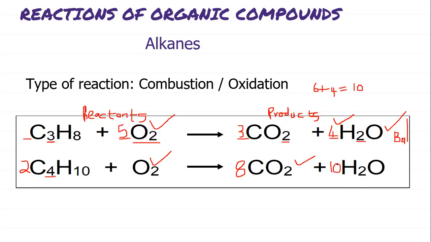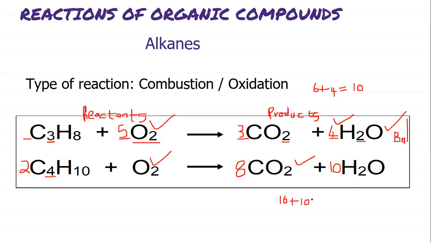Then I'm going to look at my oxygen molecules. On the left-hand side, I have 2 oxygen molecules. On the right-hand side, I have 8 multiplied by 2, which gives me 16. And then I have 10 multiplied by 1, which gives me 10. So it will be 16 oxygens plus 10 oxygens.